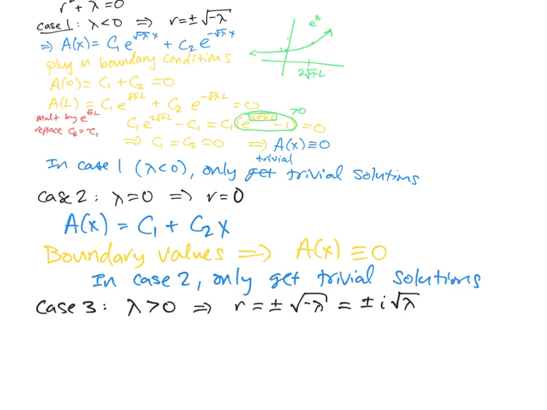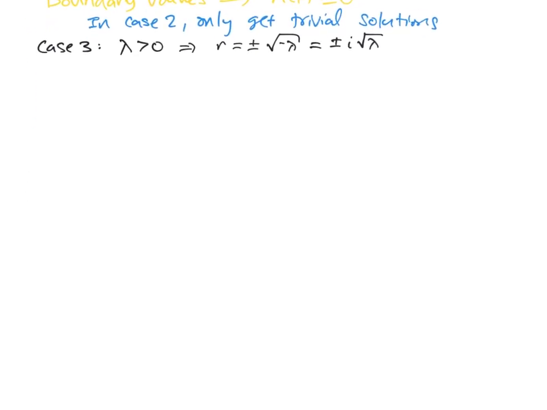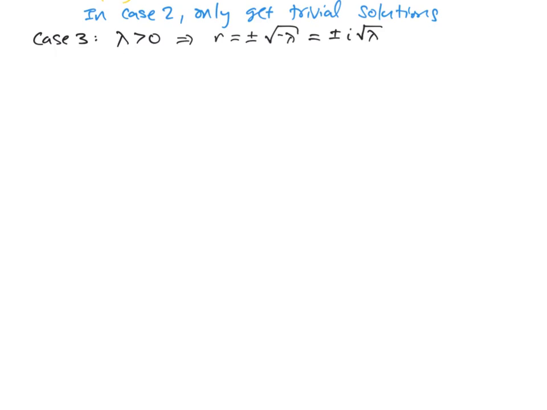And now our solutions are going to have cosines and sines in them, like we've seen. So our a of x will equal c1 cosine square root of lambda x plus c2 sine square root of lambda x.